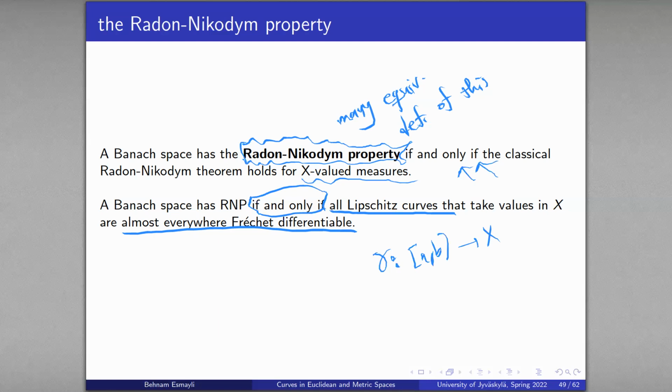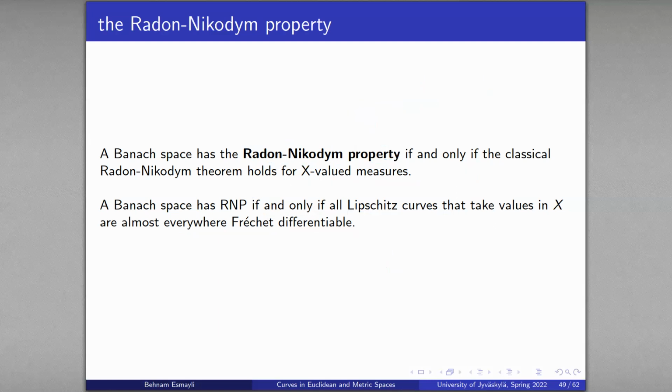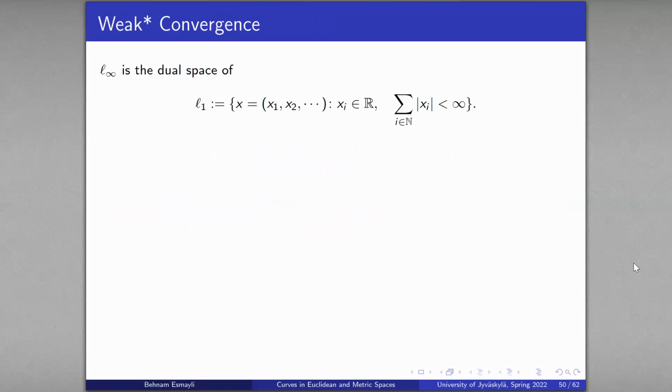And that's just amazing, how these get connected, how this becomes an if and only if theorem. Okay, we don't want to talk about this in detail here. So let's move on to this again question of can we do better than metric differentiability?